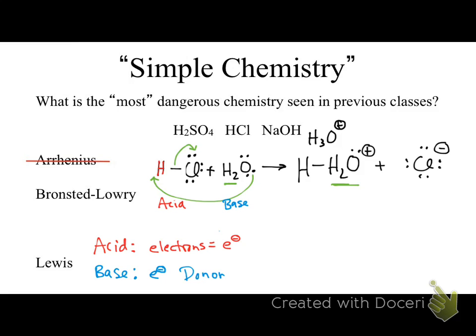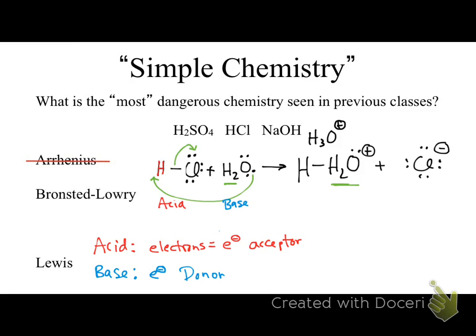Our acid, our Lewis acid, is an electron acceptor, or accepting. I like the transformer name a little bit more. Make sense? That's the easy part. Those are just our definitions of what each of these species are.